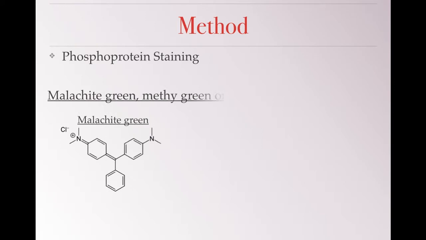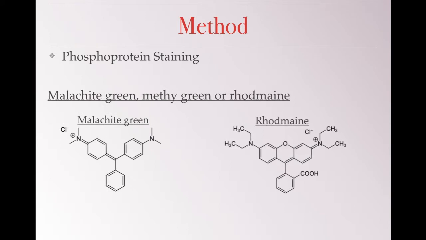Another form of staining is using methyl green or rhodamine B. It helps to detect the released inorganic phosphate by forming a precipitation with calcium producing an insoluble complex.